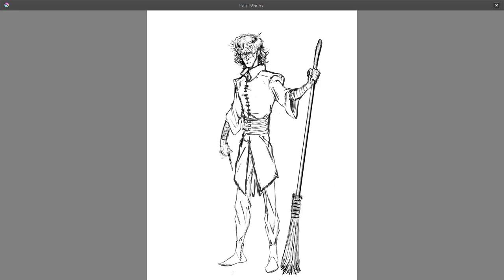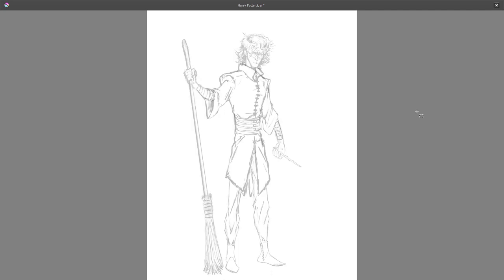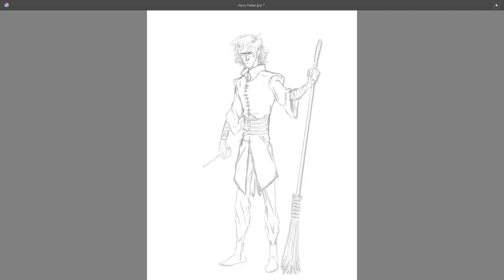But the lightning scar I imagined quite differently. In the movies, and I believe in most art for the books, it is a sort of symbol just above his nose. But I see it quite differently. If you look up lightning scars that people have received from getting struck by lightning in real life, they're really cool looking.